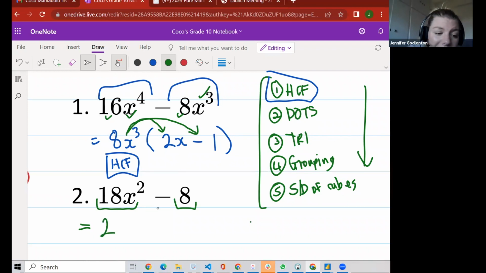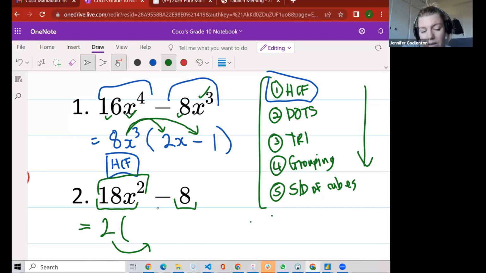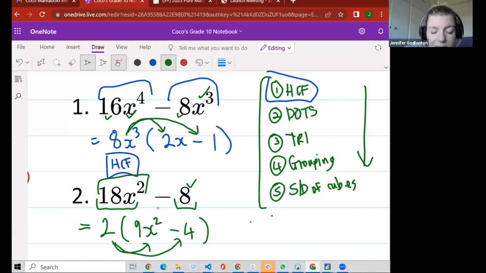When I take 2 out, I need to think: when I multiply these terms, I need to get 18x squared. So 2 times 9 will give me 18, and then I need my x squared. And then this is going to have to be minus 4, because 2 times -4 is going to give me my -8. So when we take out that highest common factor, that's all we're doing on the outside. And then we're going to do something further there.